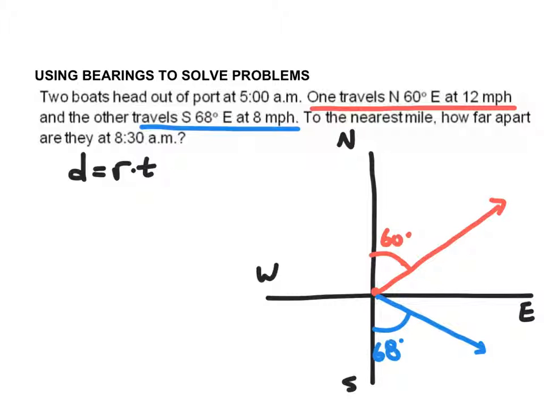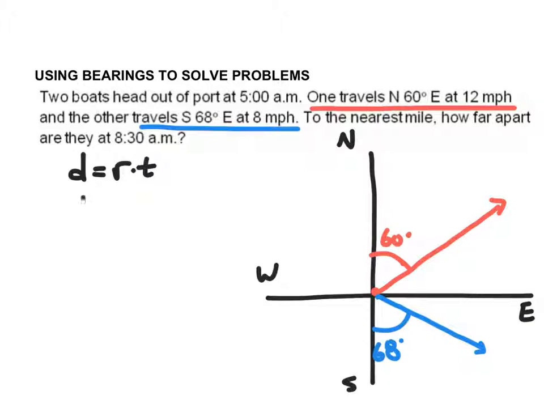The next thing I want to do is figure out the lengths of these lines. We have to use the fact that they're traveling 12 miles an hour and 8 miles an hour. The time that they travel between 5 a.m. and 8:30 a.m. is 3.5 hours.